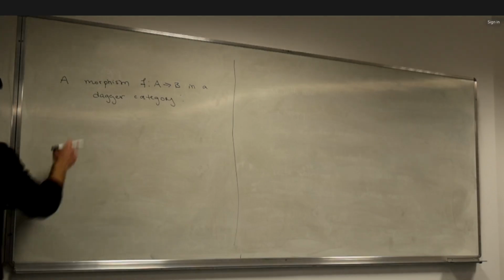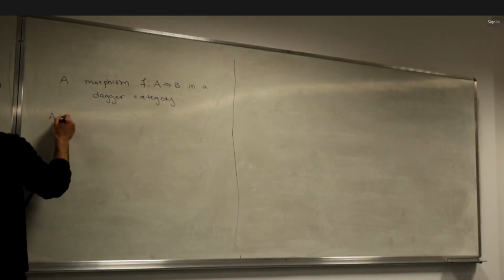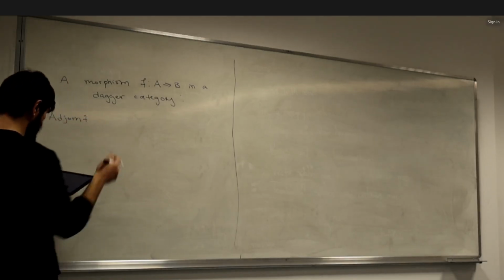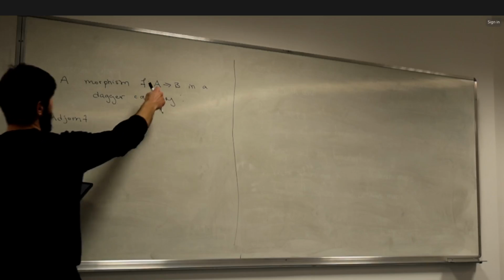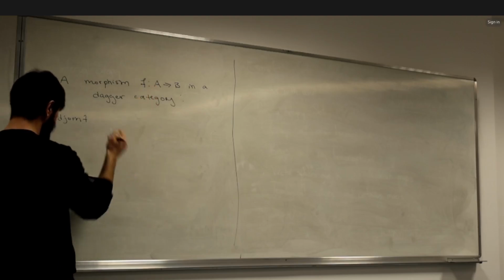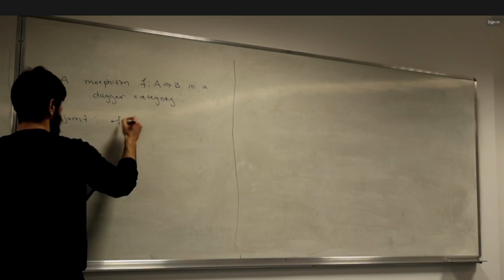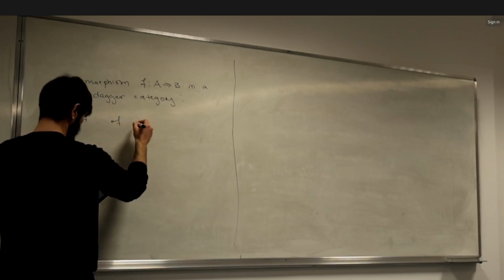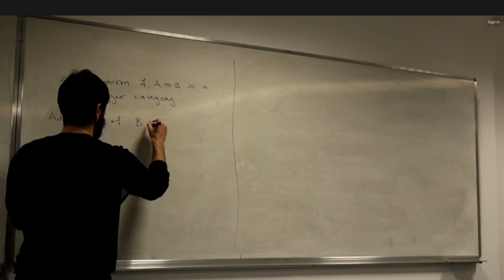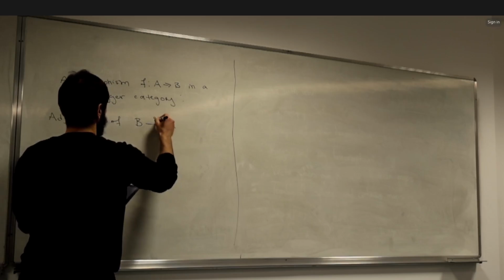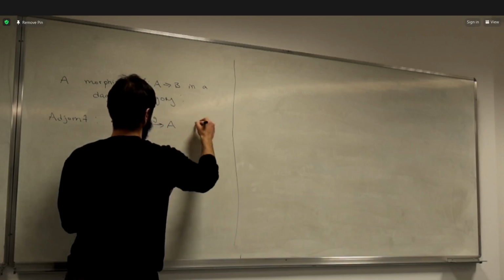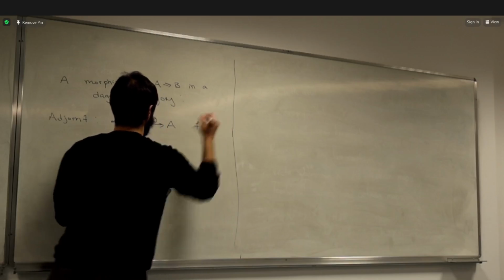We can talk about the adjoint: F is the adjoint of G when F equals G dagger.